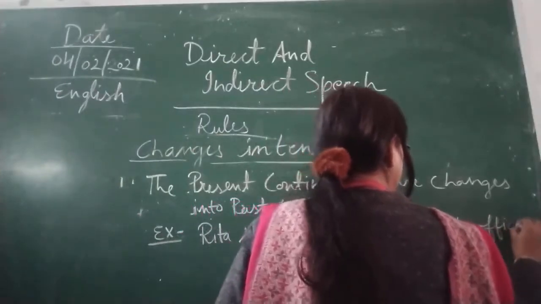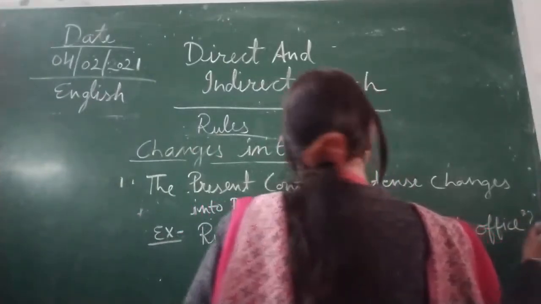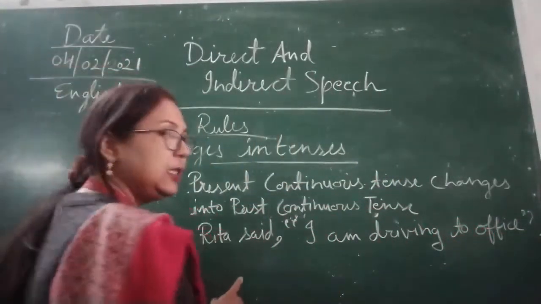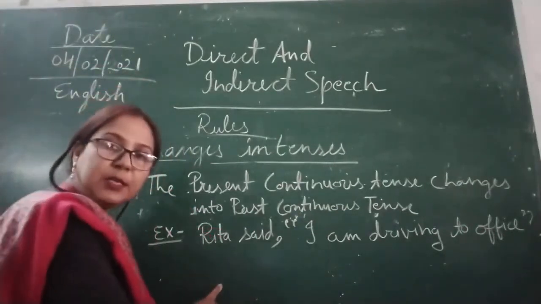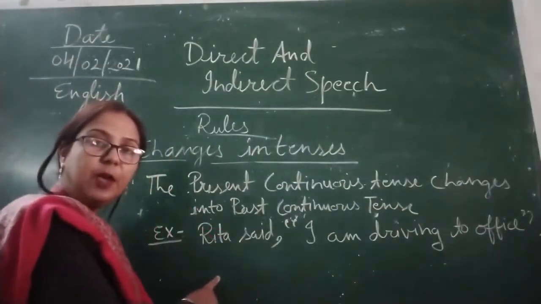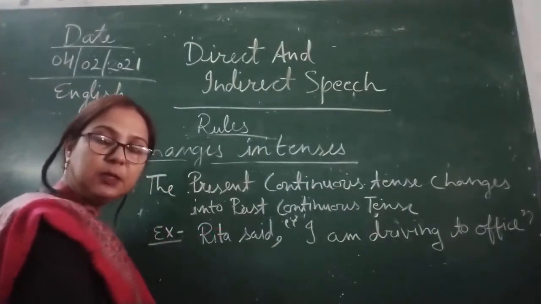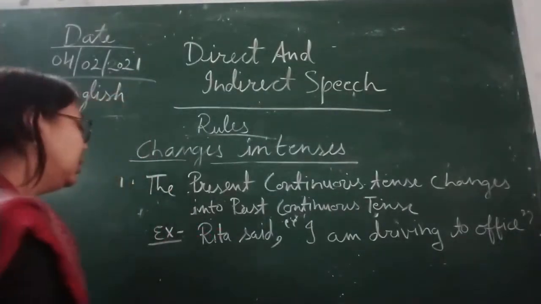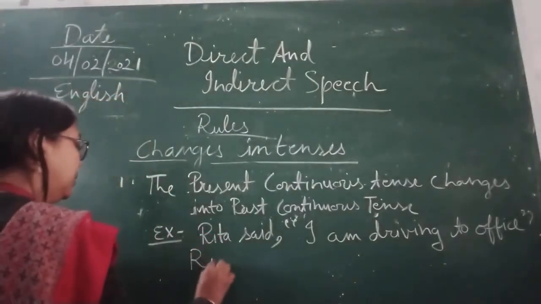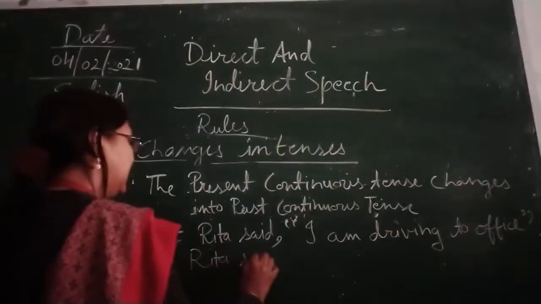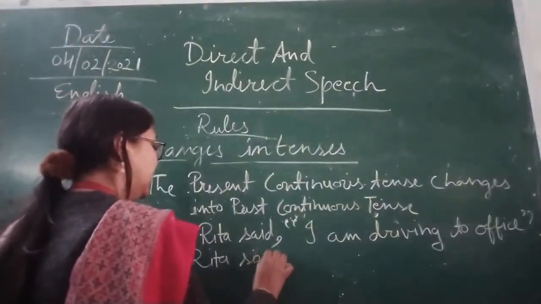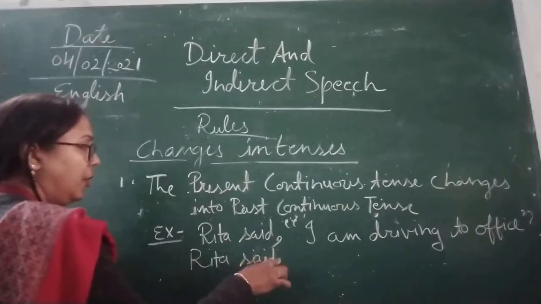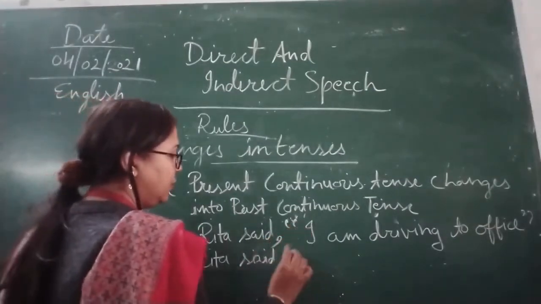Okay children, I am driving to office. Now here you can see this is written in present continuous tense. Now we have to change it into past continuous tense. So what will we do? We will keep only Rita said, and all commas and inverted commas are going to be erased.